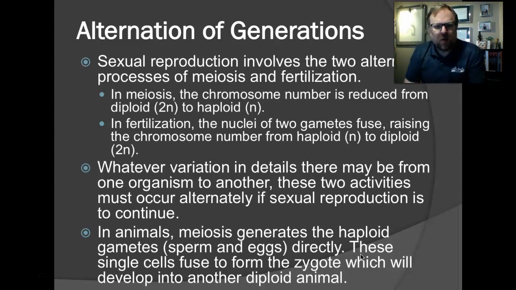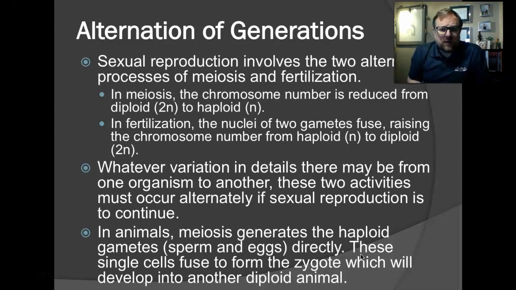That's how we grow, that's how we fix ourselves if we get injured. And then for a very small number of cells in our body, they are undergoing meiotic division in order to create our gametes. That's how we understand humans.